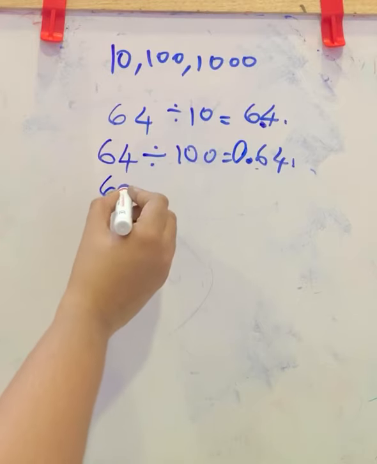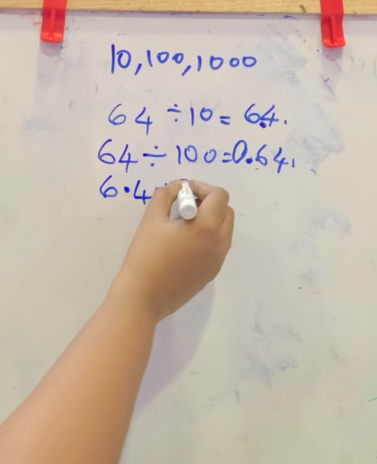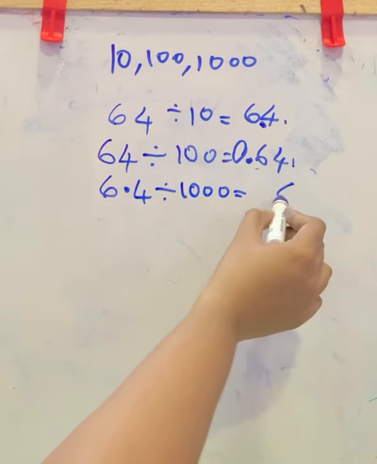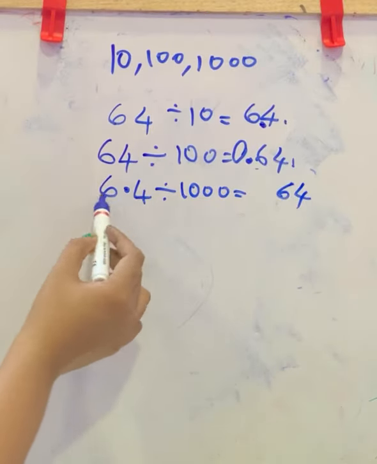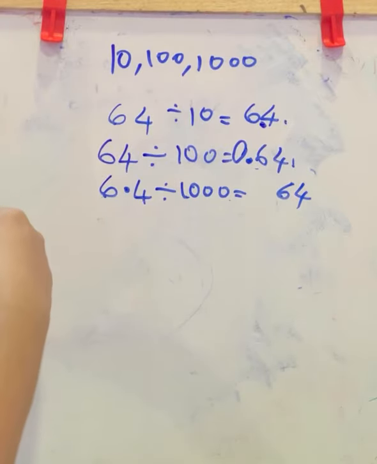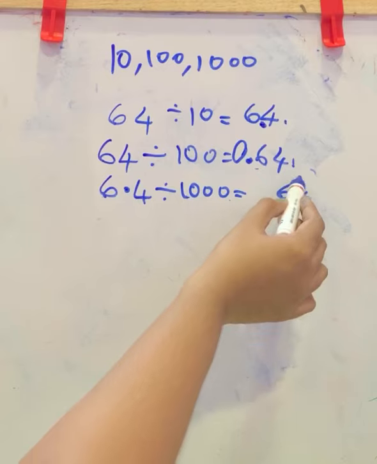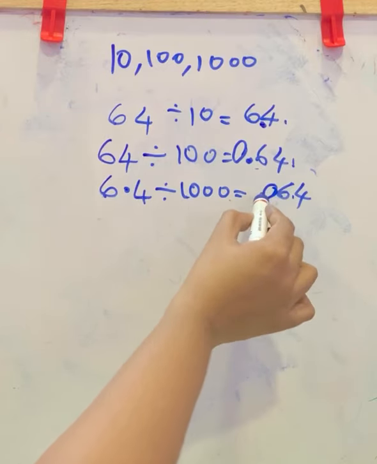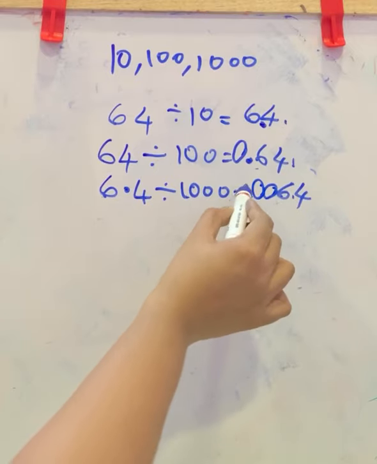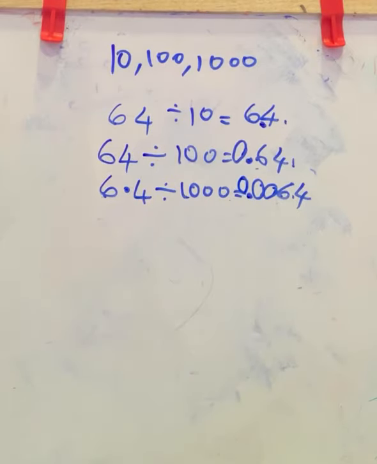Now if it is 6.4 division 1000, then it will be equal to, here the decimal was in between 6 and 4. 3 places to left side the decimal will jump. So it reaches one place here, second place here, third place here. Decimal will reach here. Here in the whole number part you can say there is a 0.